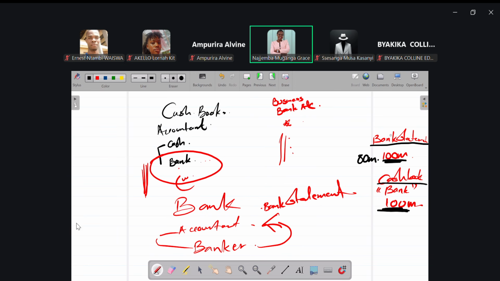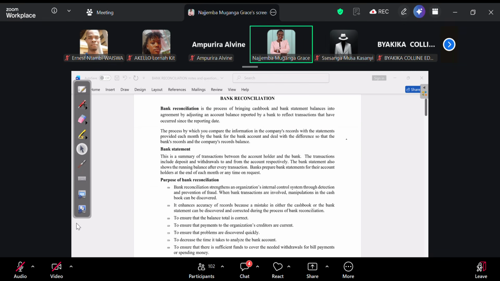Or the bank statement could read a balance of 120 million, and yet in the cash book, the accountant is stating that there is only 100 million. So that is what leads us to this topic, bank reconciliation.